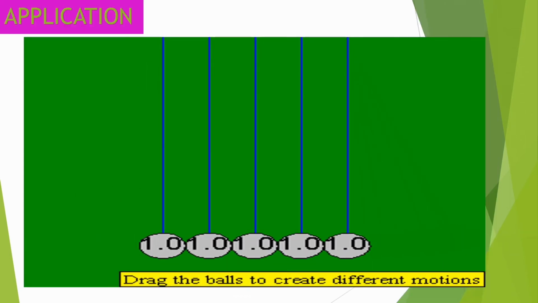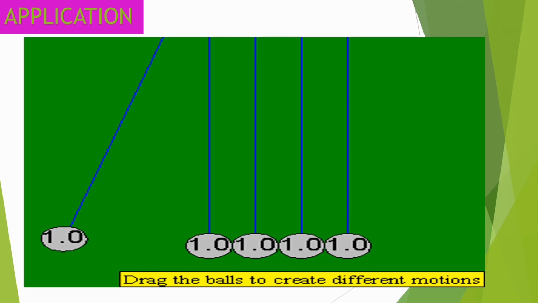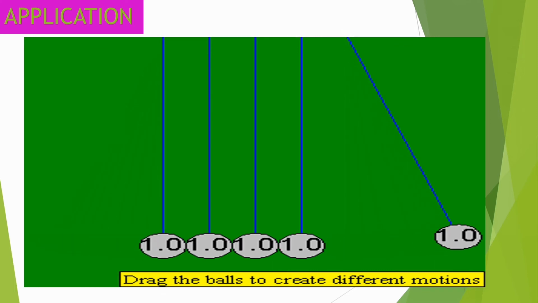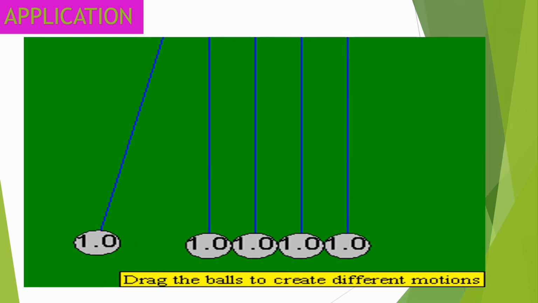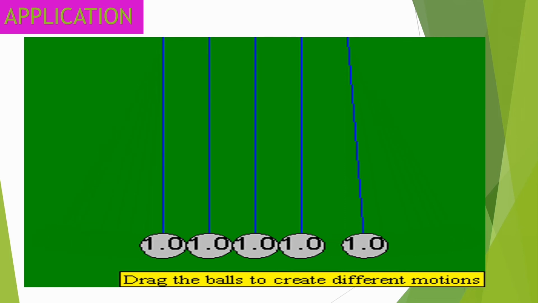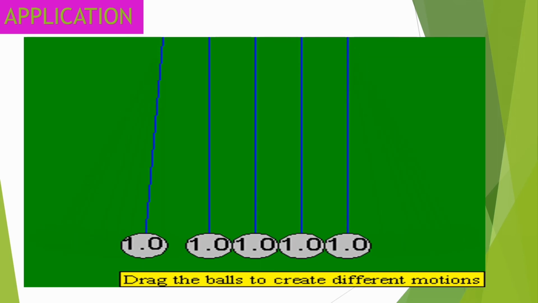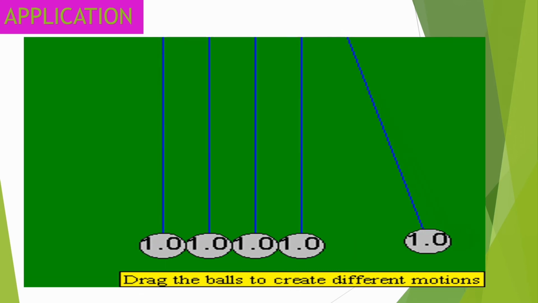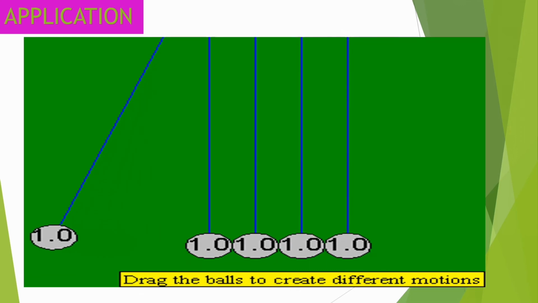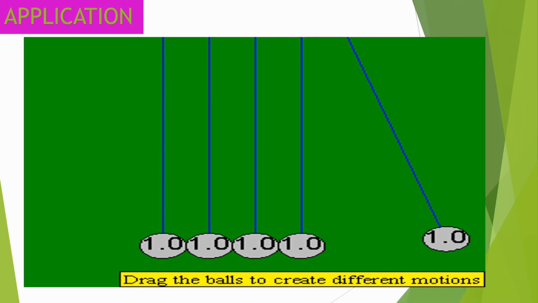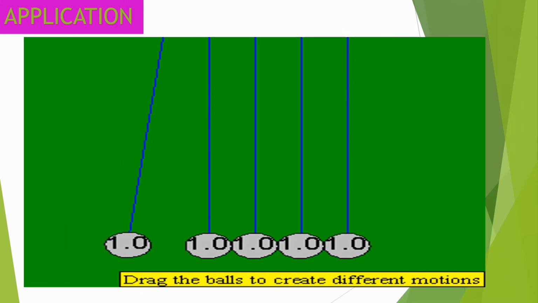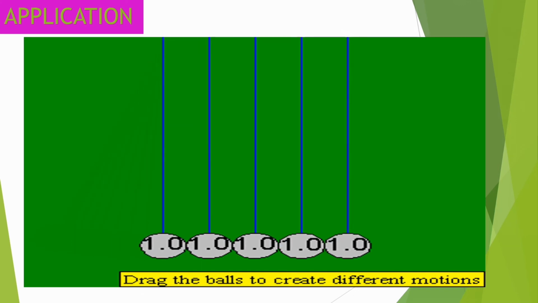Let's go back to Newton's cradle. We have here 5 marbles of same mass. The first marble from the left was pulled and released. One marble from the right moves. Then, if we are going to pull two marbles, how many marbles from the right do you think will move?